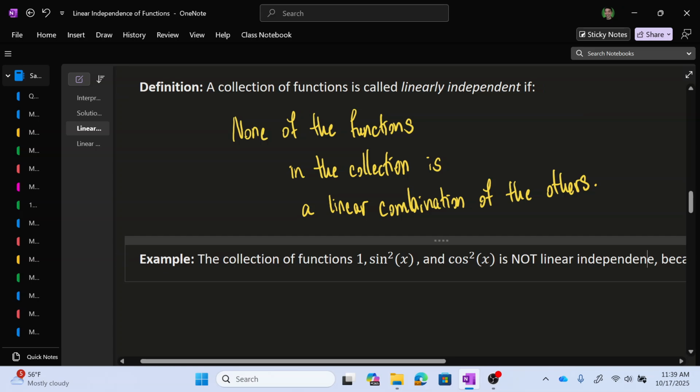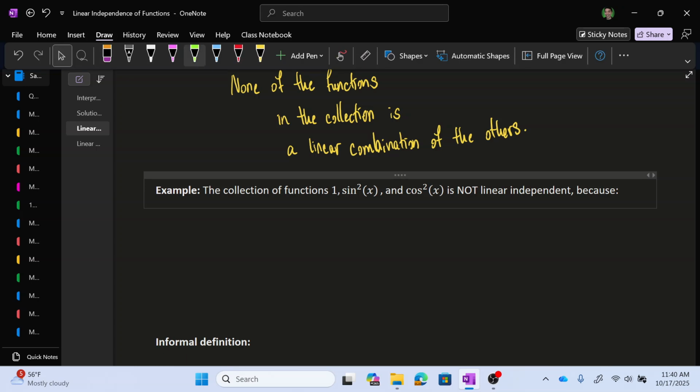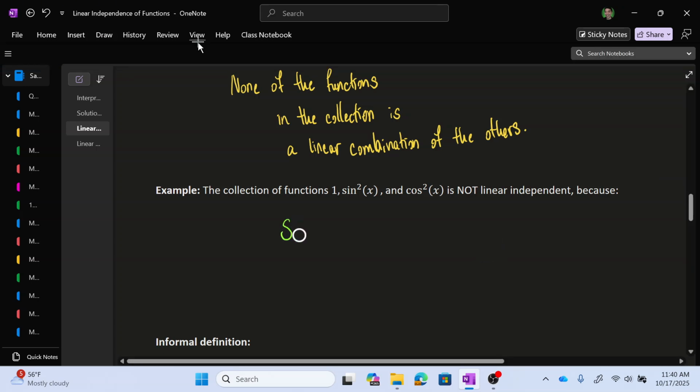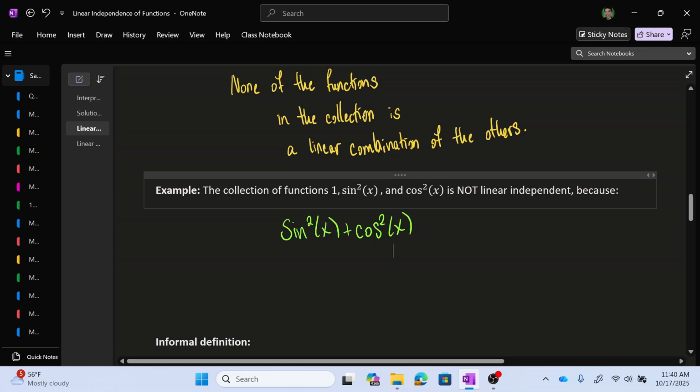So let me give you an example of a collection of functions that's not linearly independent. This collection of functions is not linearly independent because I claim one of these functions can be obtained by linearly combining the others. Now, what's coming to mind for me right now is that if I construct the sum of the functions sine squared and cosine squared, this is a linear combination of sine squared and cosine squared because I have combined those two functions using only addition.